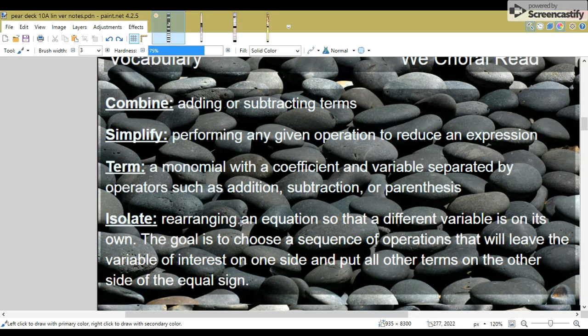Isolate: rearranging an equation so that a different variable is on its own. The goal is to choose a sequence of operations that will leave the variable of interest on one side and put all other terms on the other side of the equal sign.